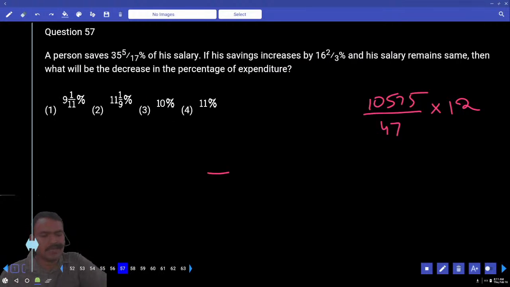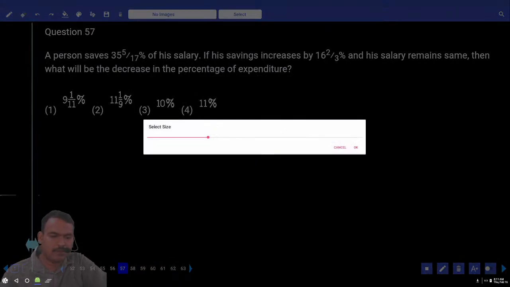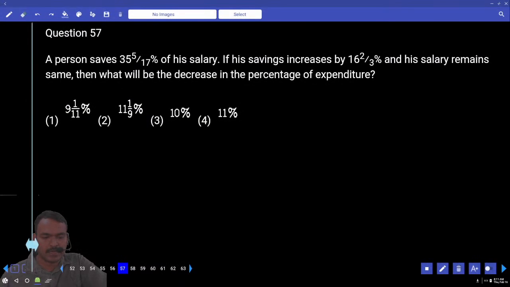Next, question number 57. A person saves 35 5 by 17 percent of his salary. If his savings increase by 16 2 by 3 percent and his salary remains the same, what will be the decrease in the percentage of expenditure? 35 5 by 17 percent of his salary. 1730 is how much? 510. 17 fives are 85. 510 plus 85, 590 plus 5, 600. 600 by how much? 1700.